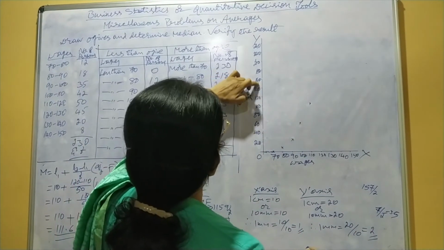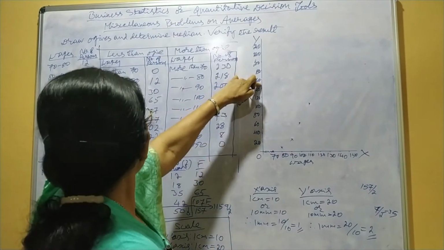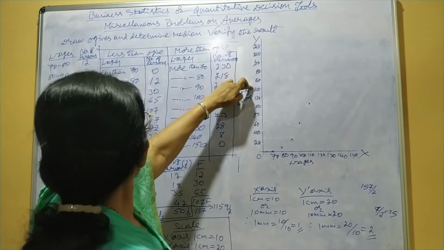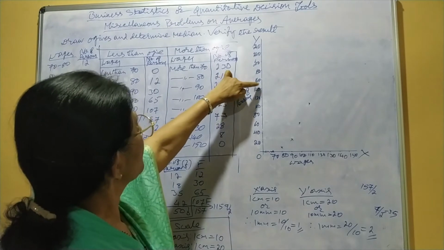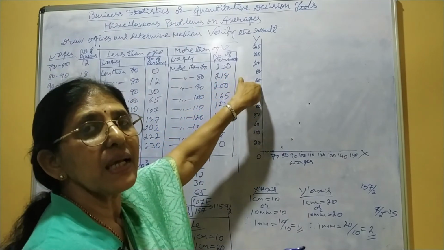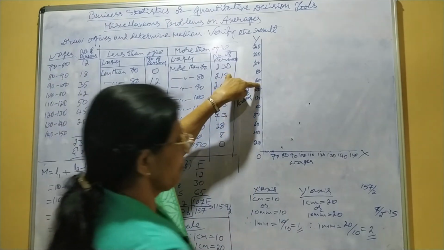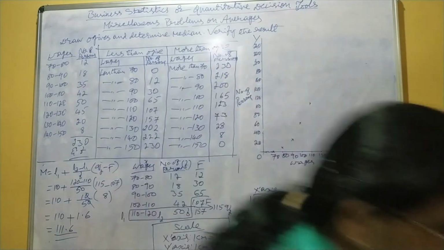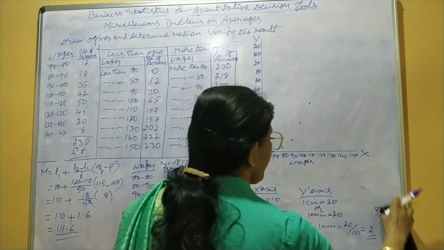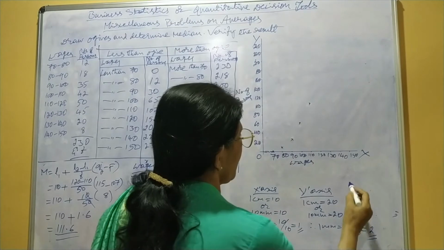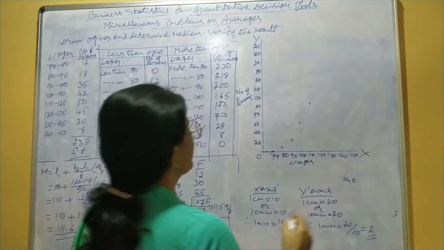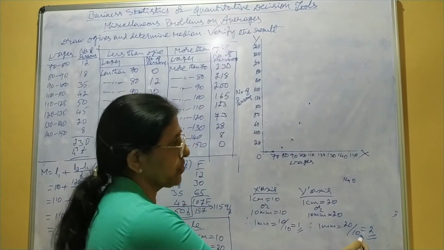You leave it. 157, 140. If you take 5 millimeters, then 150, isn't it? 140 is there. Each millimeter counts 2.